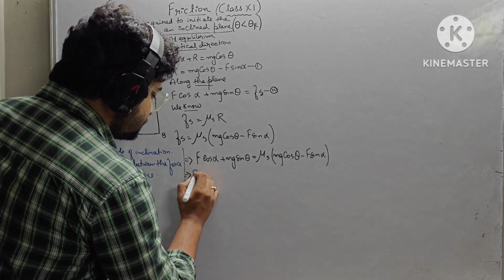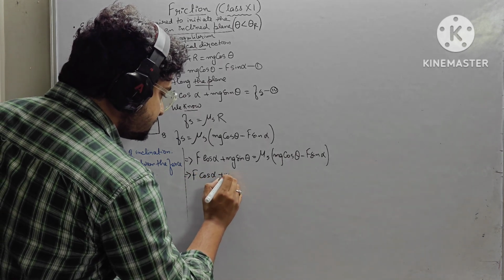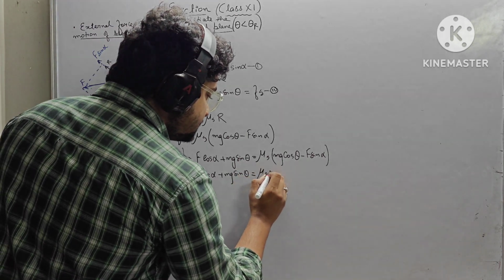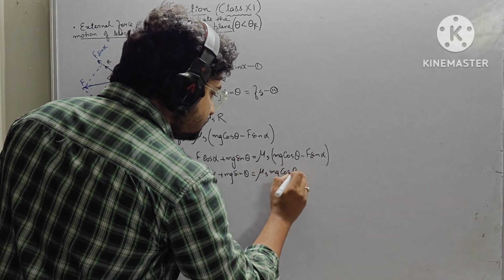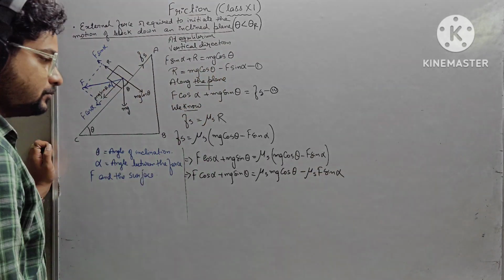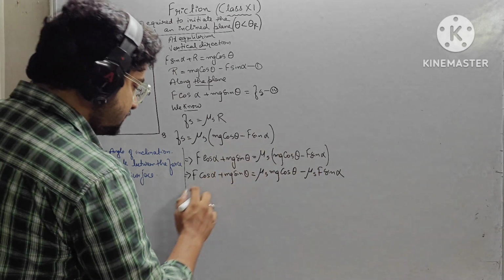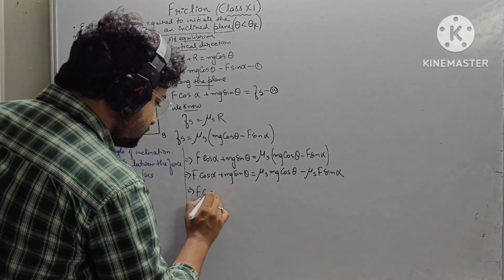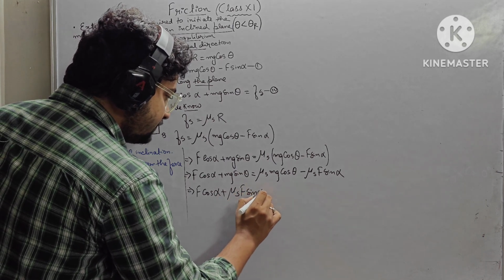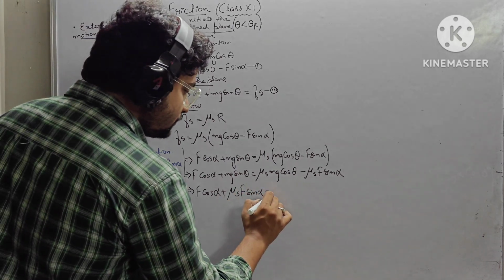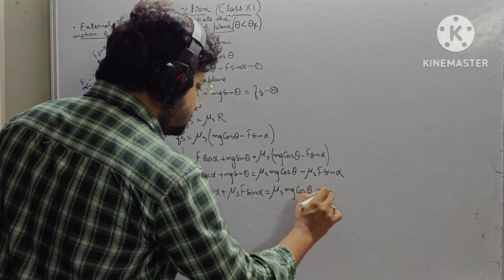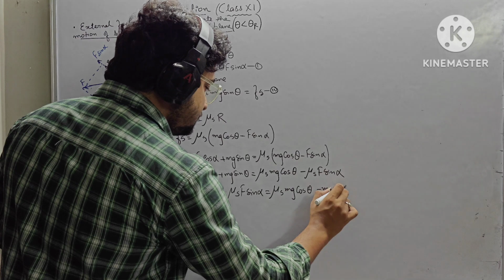So F cos alpha plus mg sin theta will be equal to mu s mg cos theta minus mu s F sin alpha. This one we can bring to this side. So F cos alpha plus mu s F sin alpha is equal to mu s mg cos theta minus mg sin theta.